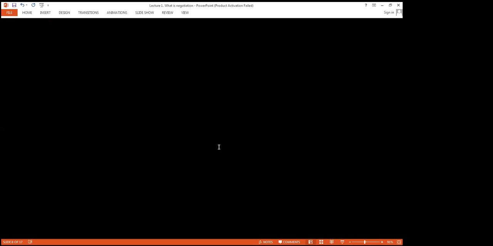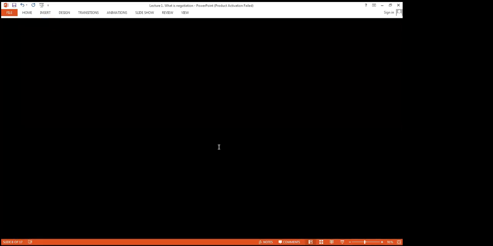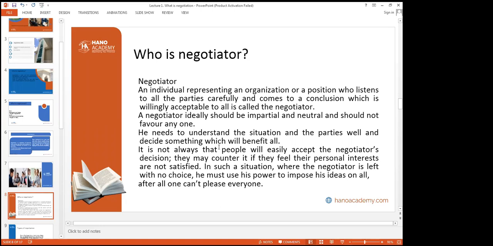Not everybody represents an organization. So the person that represents an organization or a position, listens to all the parties and comes to a conclusion is what we are referring to as the negotiator.